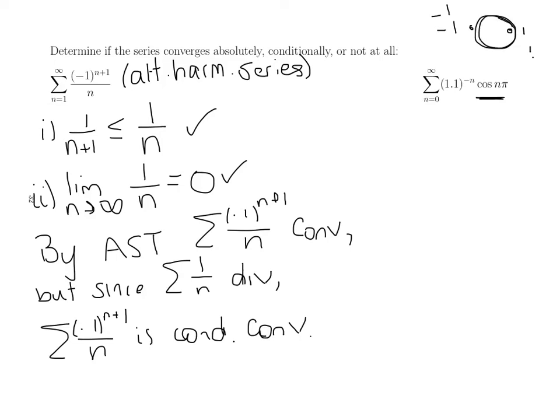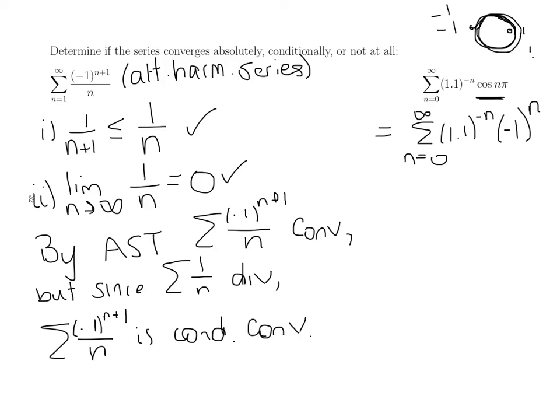So I would even take the opportunity here to convert this to make it look more like an alternating series. These are negative 1s, and it starts out positive, so I think that would be raised to the n, because the 0 gets a positive 1, 1 gets a negative 1, 2 gets a positive, 3 gets a negative.